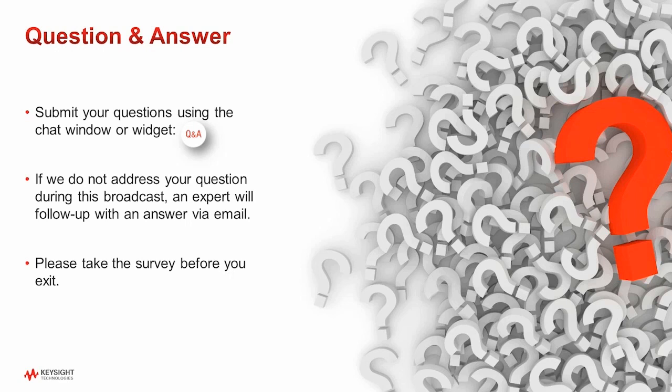Next question, do you support the ORAN Alliance specification? So first of all, Keysight is very much involved in the ORAN Alliance and is one of the contributors from the test specification perspective. Some of the things that we discussed today fall under the ORAN Alliance Working Group 9. That is, it's under their purview.